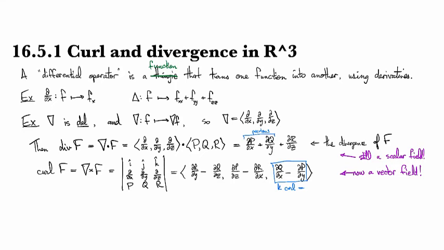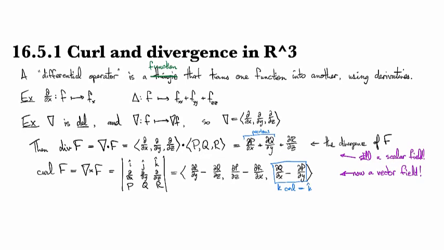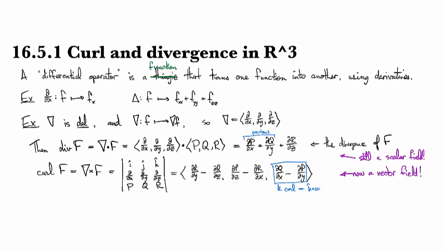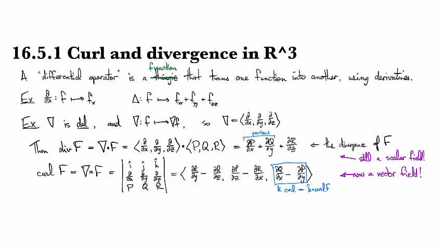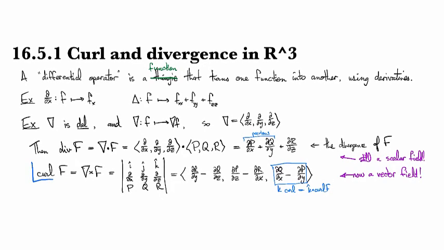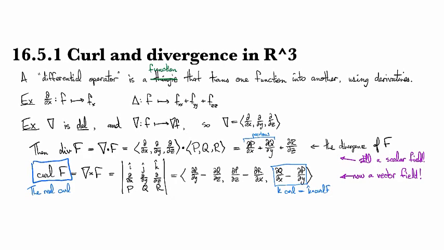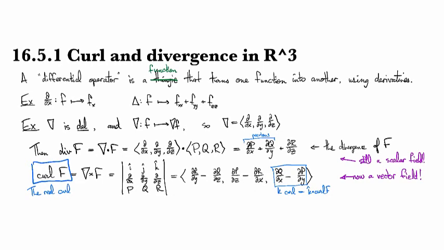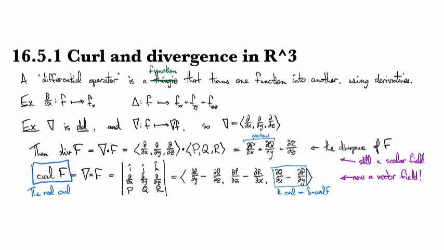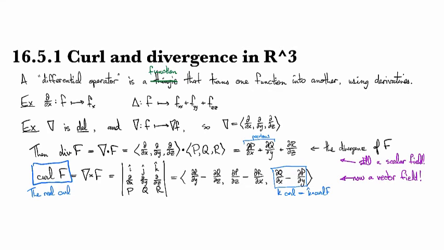It's because this is actually the k vector dotted with the three-dimensional curl of f. I should be completely honest and say that this is the real curl. That thing that I was talking about in the previous sections and referring to as curl is usually called k-curl or two-dimensional curl, to distinguish it from the real big bad vector-valued curl that we're looking at right here.